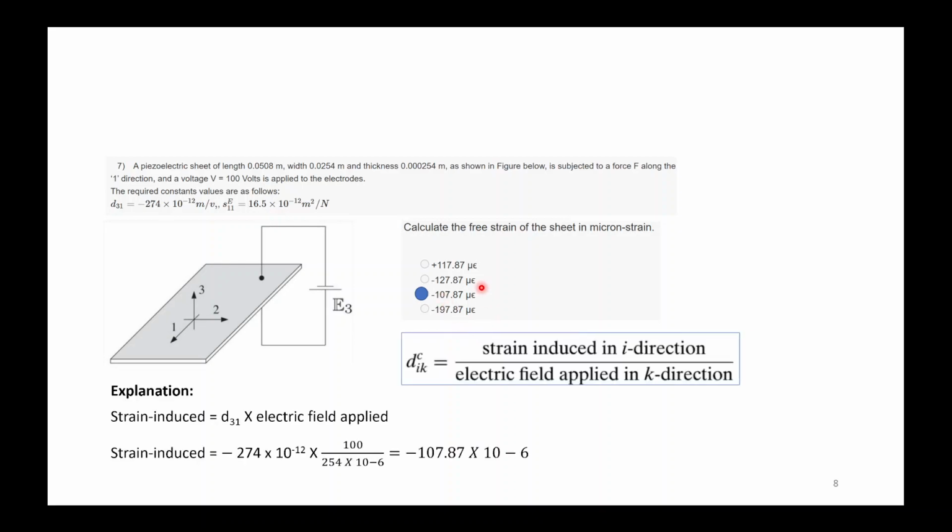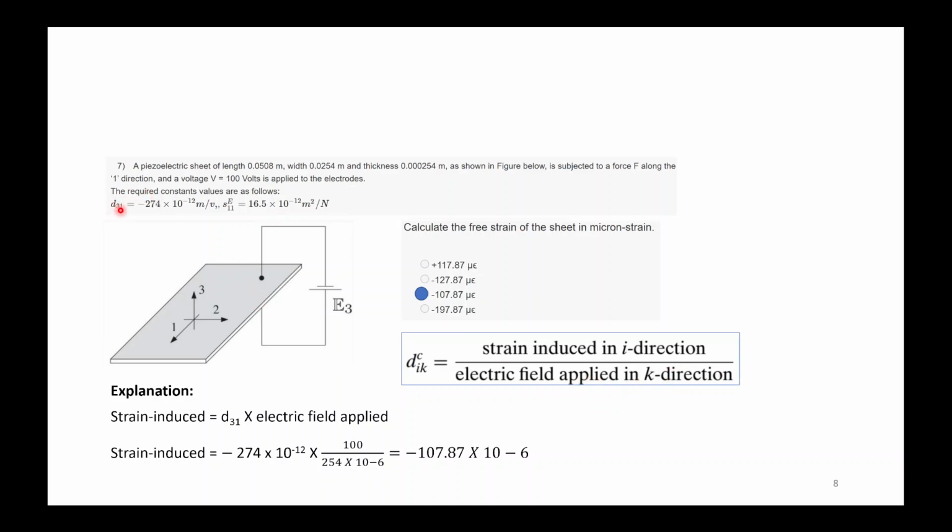Now this can be calculated by using this simple formula. D is a constant, so here Dik equals the strain induced in the i direction. I will be 3, so we know that strain will be in the 3 direction, and the electric field is applied in the k direction.